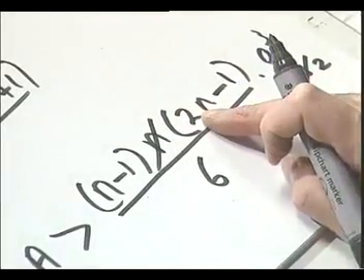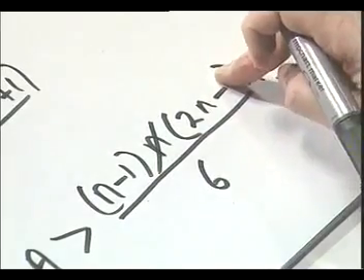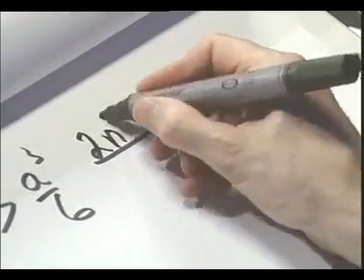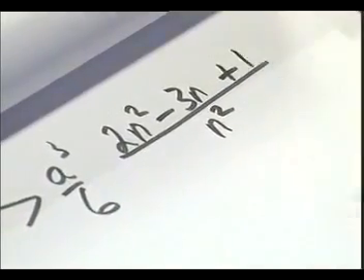And this bracket will give us again 2n squared, but then minus 2n and minus n will be minus 3n and plus 1. So again, 2n squared minus 3n plus 1.